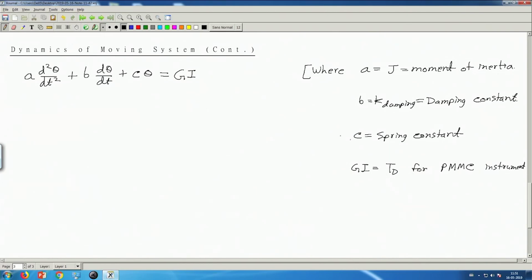And then let me also write the dimensions of these variables. So, C is like torque per unit angle or angular displacement. So, it may be like say Newton meter per degree or per radian depending on whatever unit you choose. Then the unit or the dimension of B, damping constant, what will it be?